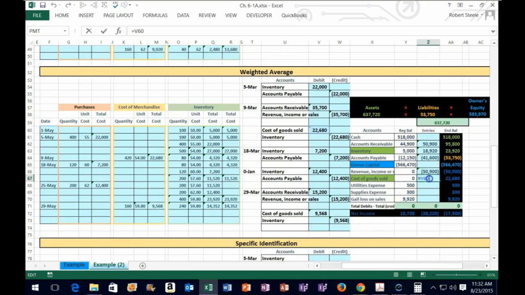By double clicking here, going to the end of it, plus, the expense always goes up with a debit for the most part, 9568, and then the inventory here, double click, minus, we now consumed it, so it's going to go down in order to help us generate revenue, which is the definition of an expense. And now we're at this 14,352, which is the 14,352 there.